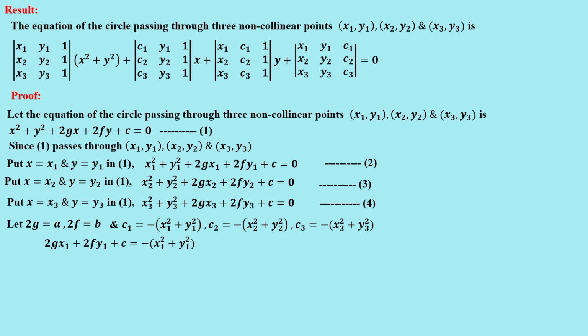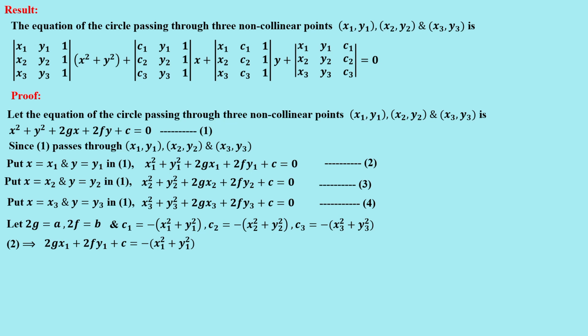Taking the second equation, keeping 2gx1 plus 2fy1 plus c on one side and minus (x1 square plus y1 square) to the other side.